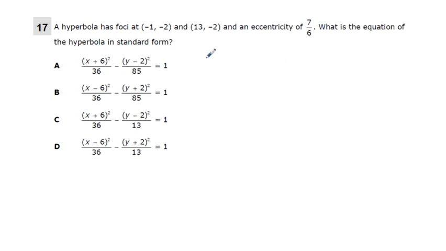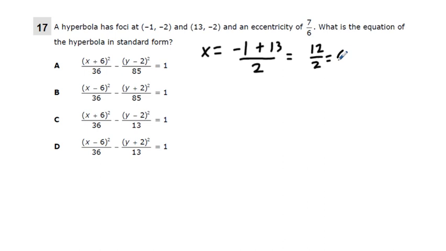So we're going to get 12 over 2, which equals 6. So we're going to have x minus 6. So anything without x minus 6 is gone already. So we're already between B and D.